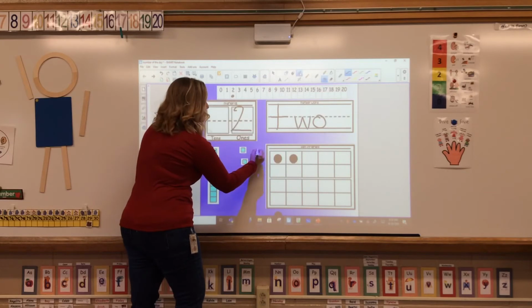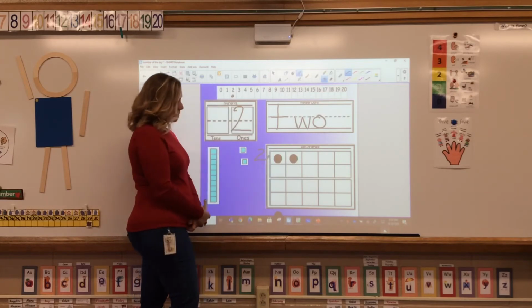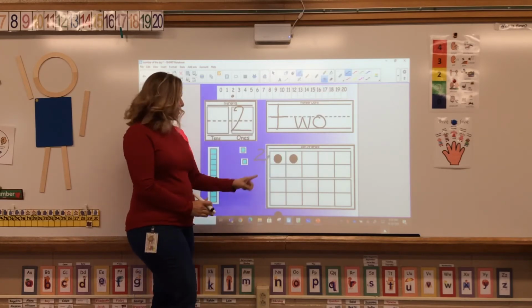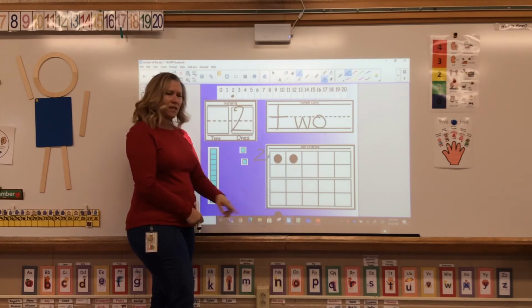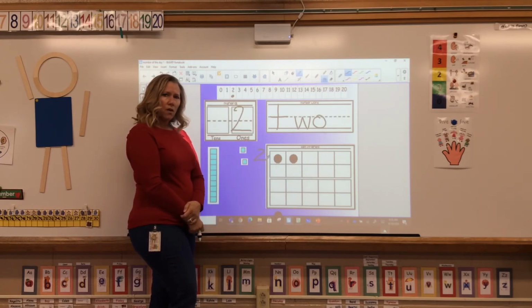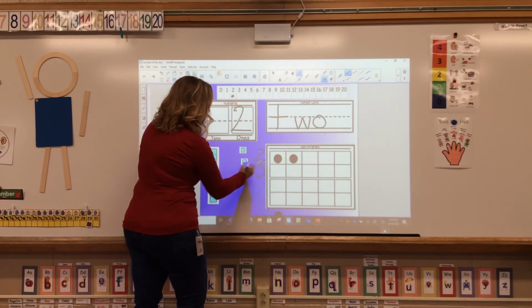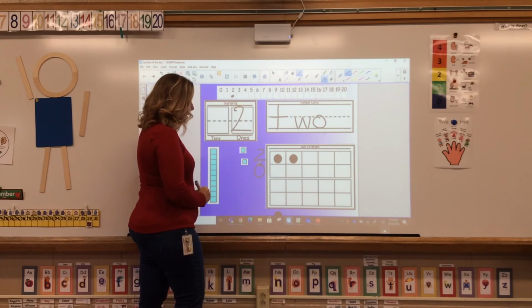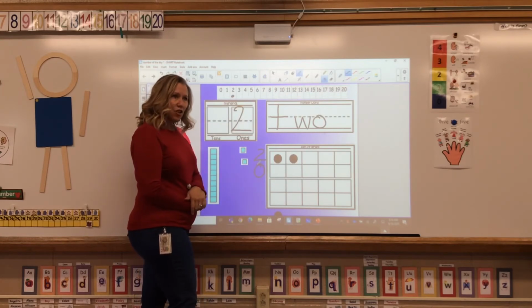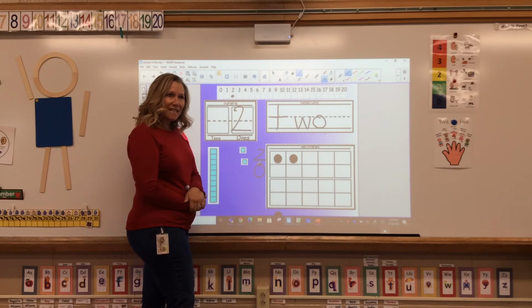I'm going to write the number 2 right here. How many dots are in these rows? That's right, 0. So there's my 0. And if I want to make that an addition problem, it would look like this.